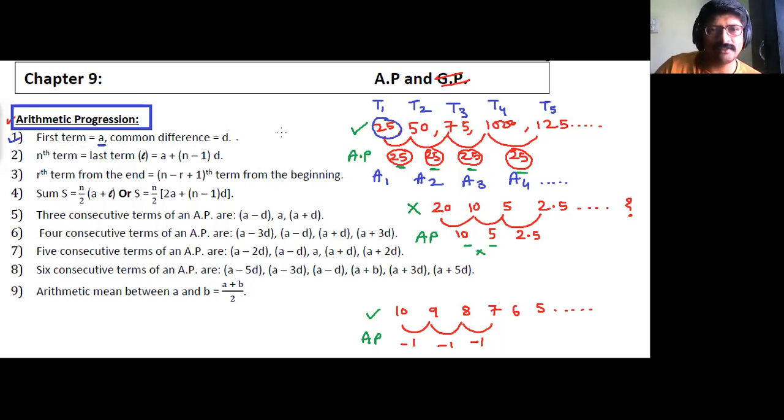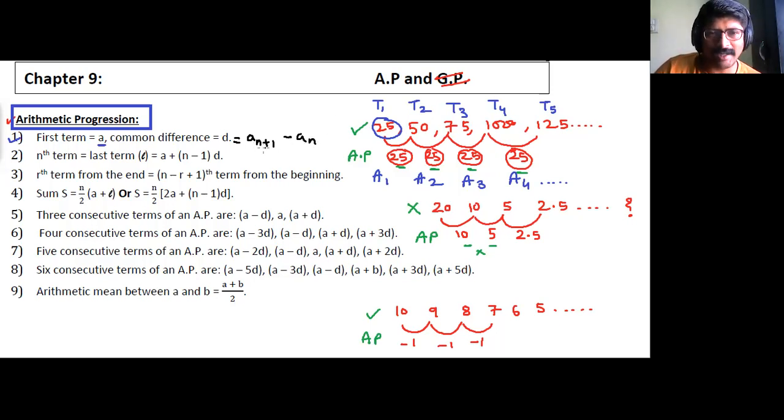What is common difference? Common difference is succeeding term minus preceding term. So we can write it down over here. Succeeding term, that is a n plus 1, minus a n. Succeeding term minus preceding term. I know you must be wondering what is a n. Hold on, I'll explain to you.